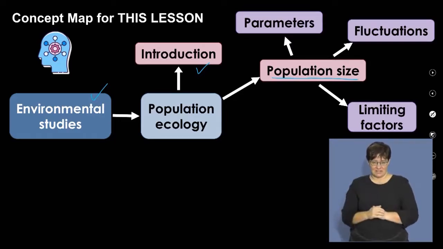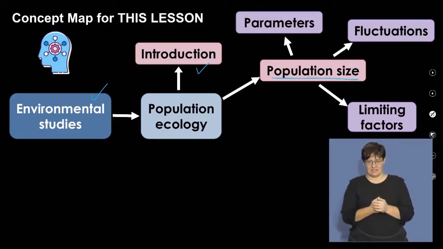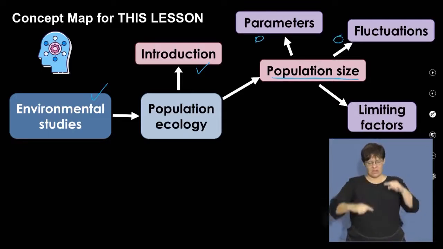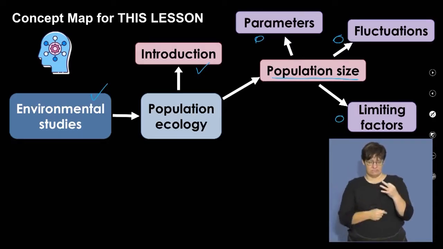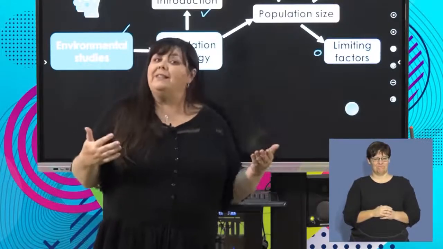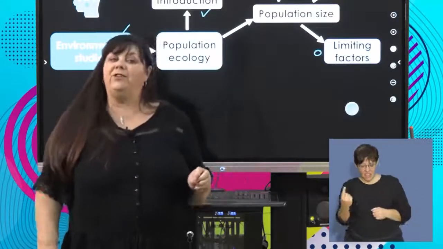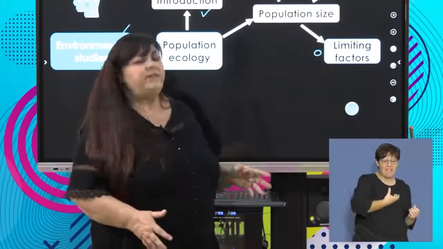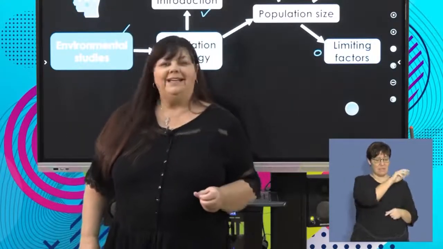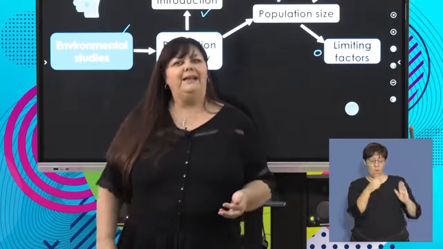We're going to be looking at three important aspects: parameters, fluctuations, and limiting factors. And I'm not going to explain them right now to you because that's what this entire lesson is about. So as we get to each one of those points, we'll unpack it, make you quite comfortable so that you know the difference between a parameter and a fluctuation. All right, so we're going to be building your vocab as we go.